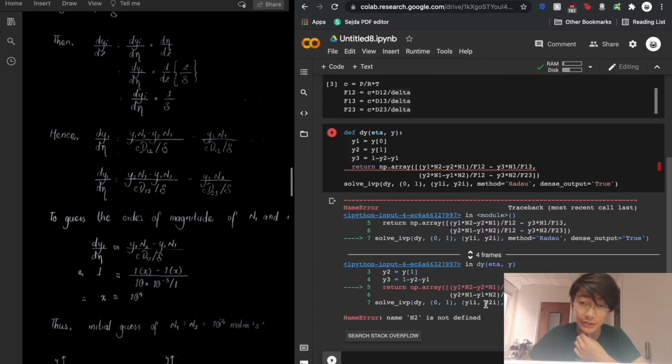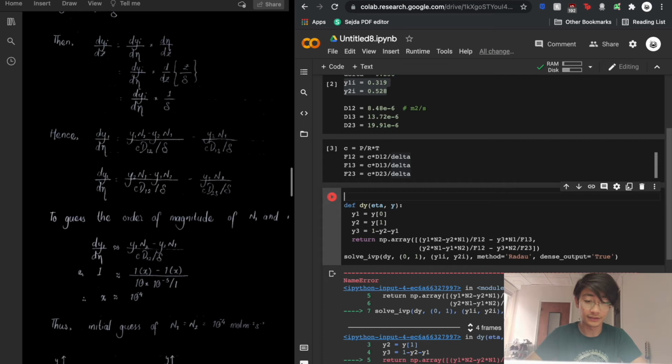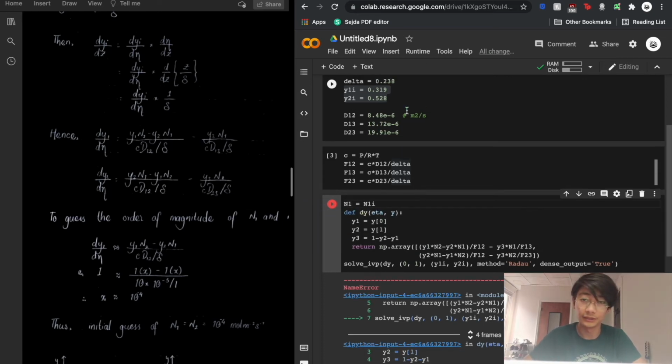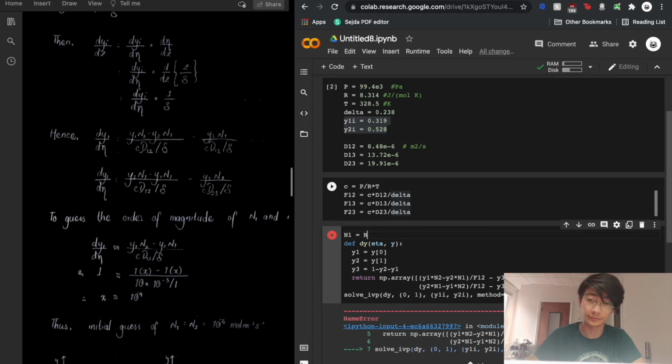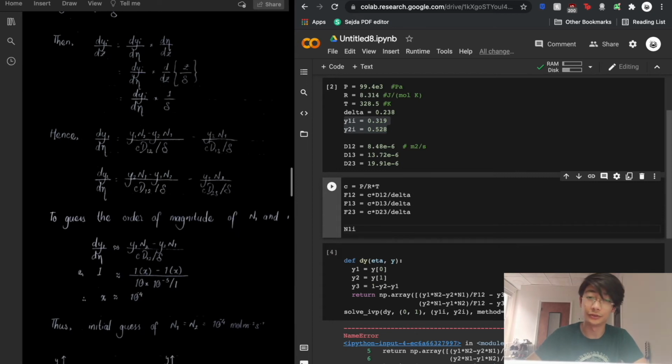Okay, so we ran into an error here, and that's because the name n2 is not defined. So let's go ahead and define n1 and n2 first. On top of this, I'm going to put down our initial guesses for n1 and n2.